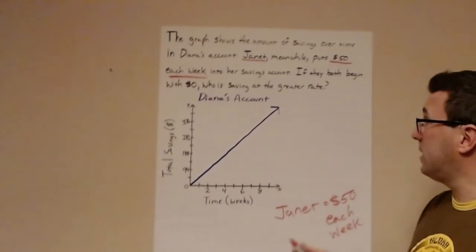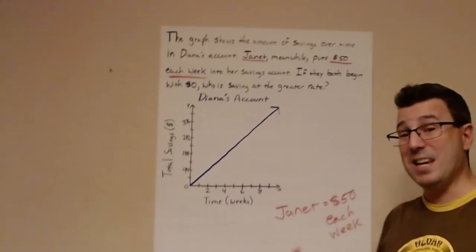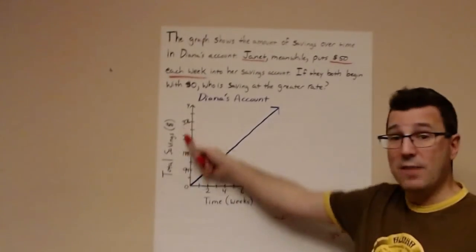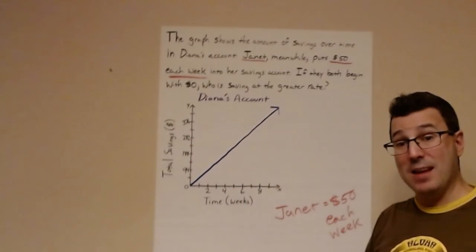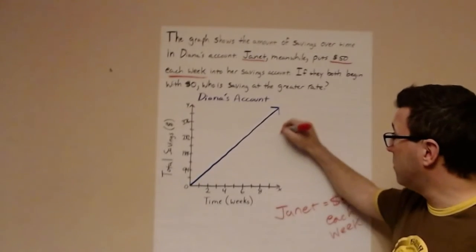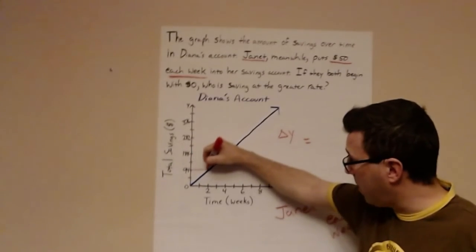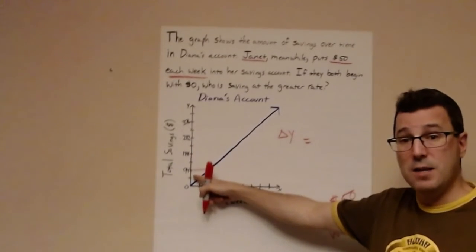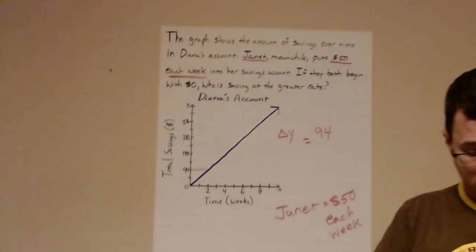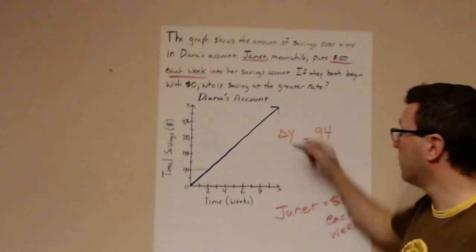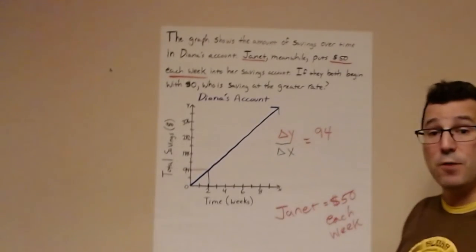So then we look at Diana's, and again, we have to find how much is she putting in each week. So the total savings here along the left-hand side. Again, the amount of money is going to depend on the amount of time. So the change in y, I'm going to go here. That says 94. So she's putting $94 in, change in x every 2 weeks.